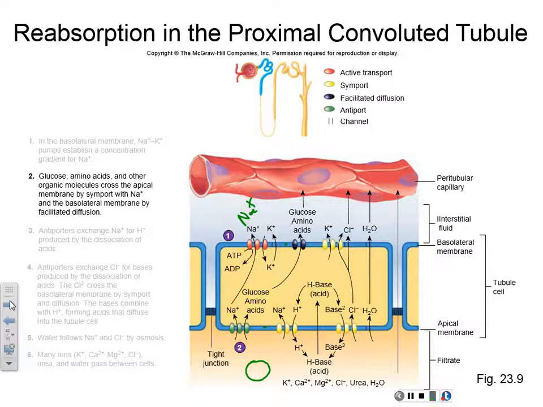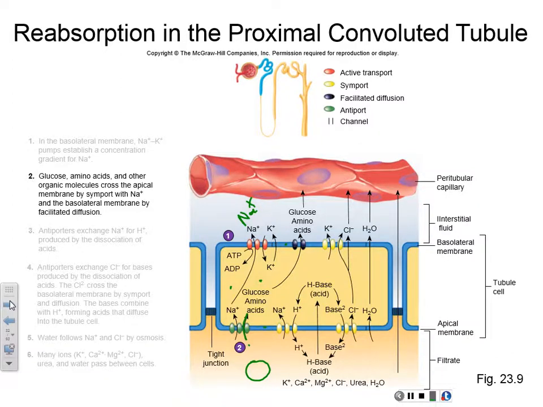Okay, so now the sodium is coming in here by simple diffusion, because there's less sodium in here. It pulls with it amino acids and glucose and so forth. Okay, that's the second step. So this is the symport. Do you see that? You symport sodium and you are going in the same direction.